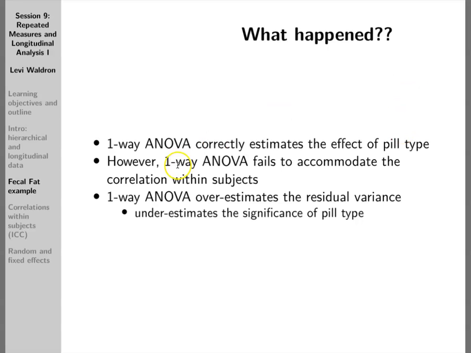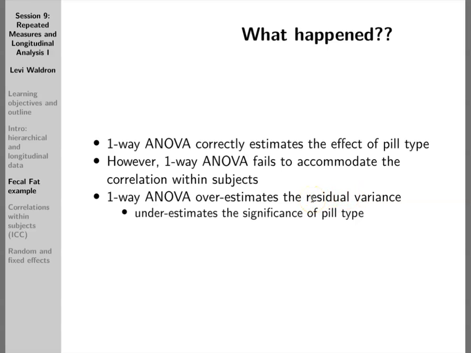So what happened? Well, one-way ANOVA correctly estimates the effect of pill type. So the differences in average fecal fat excretion between the different pill types, that's fine, but what it fails to accommodate is this correlation within subjects. And so what happens is it overestimates the residual variance.